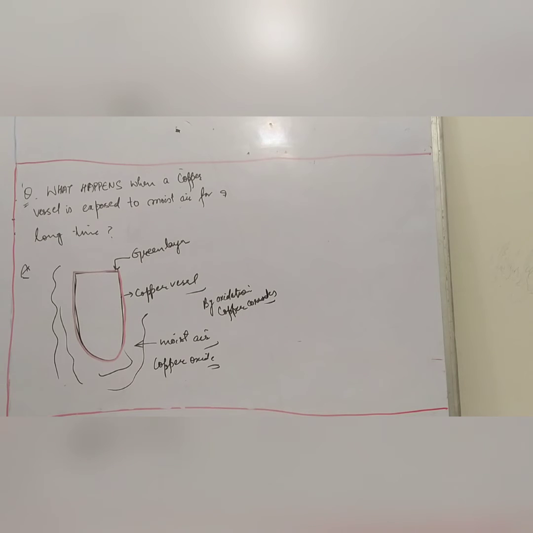Copper oxide then combines with carbon dioxide to make copper carbonate, which gives it a green color. So students, this whole process is called corrosion of copper.